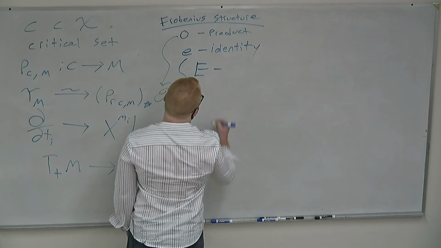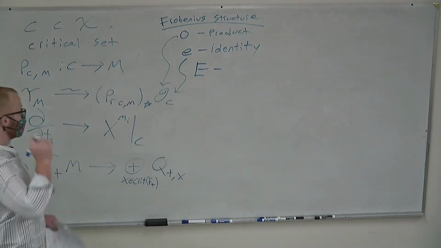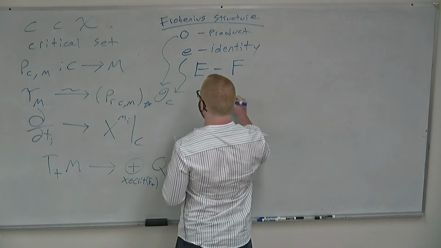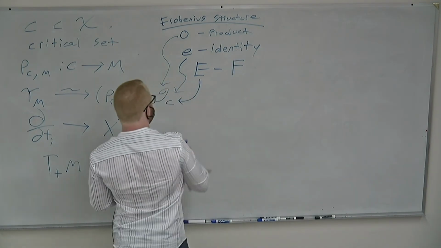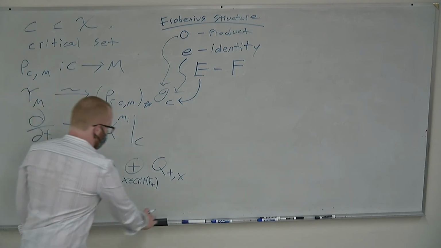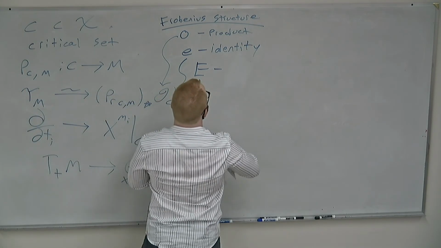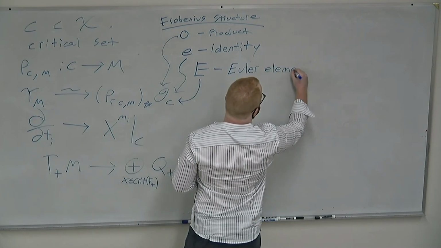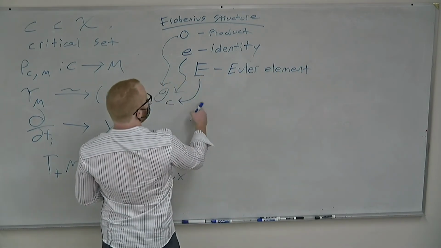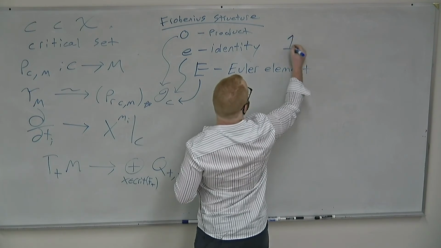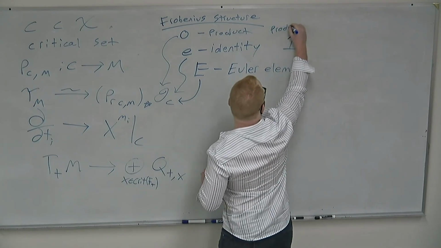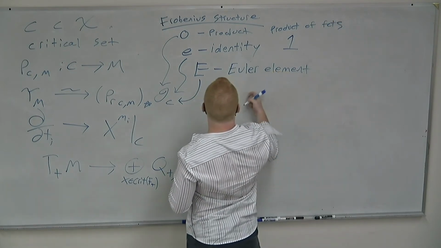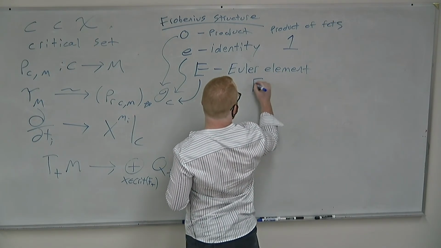My Euler element is going to be just this capital F. That's going to be a function in here. This is consistent. So this is going to be 1. This is going to be the product of functions. And this Euler element is just going to be F.